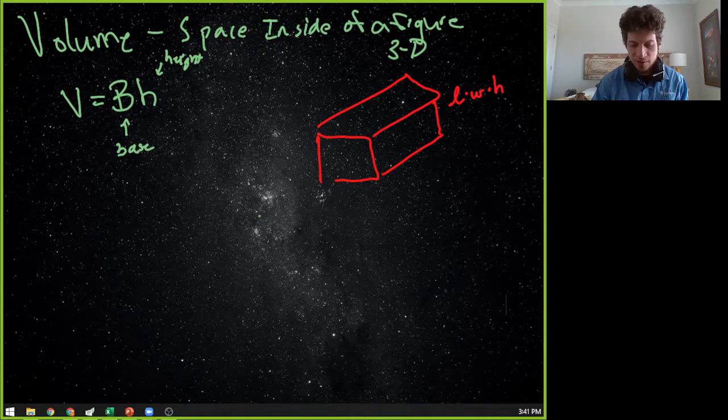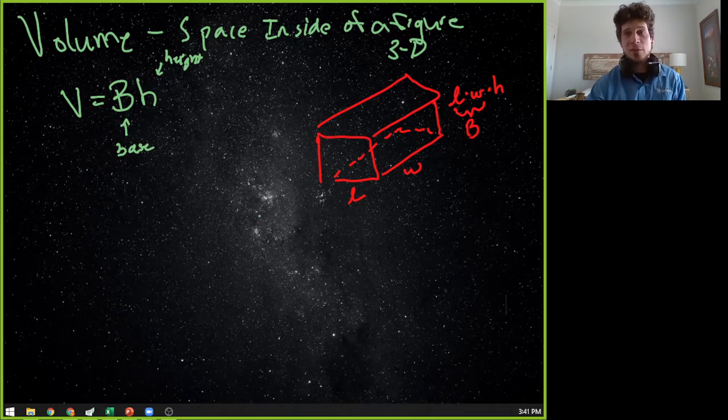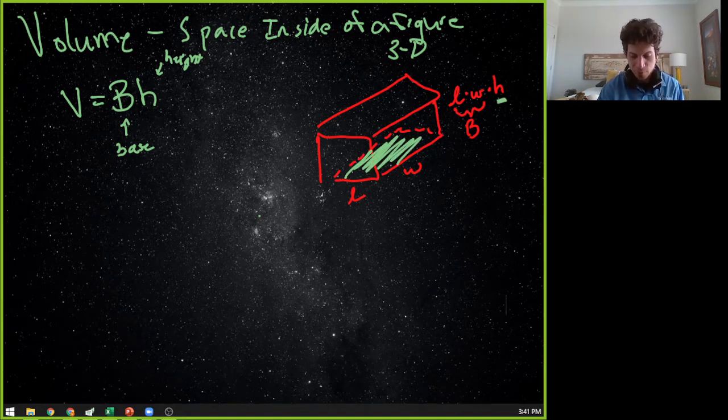But we can break that down. Length and width make up our base. This bottom piece right here is the foundation of our figure, this green thing. That's our base, and we multiply it by height.